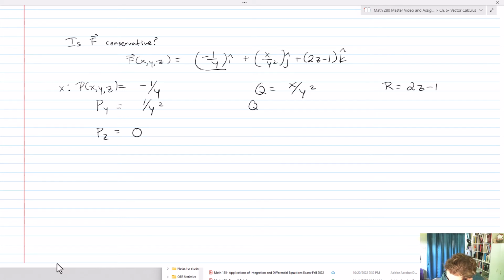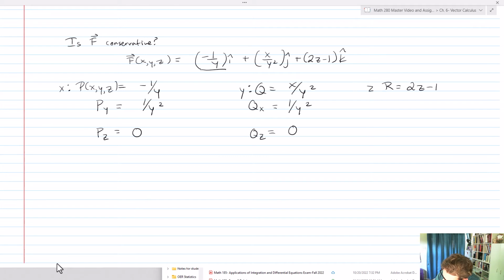We're going to need q_x and q_z as well, because q is my y component, so I need the other two partials. So q_x is going to equal 1 over y squared. And q_z is going to equal 0 because there are no z values inside our function for q.